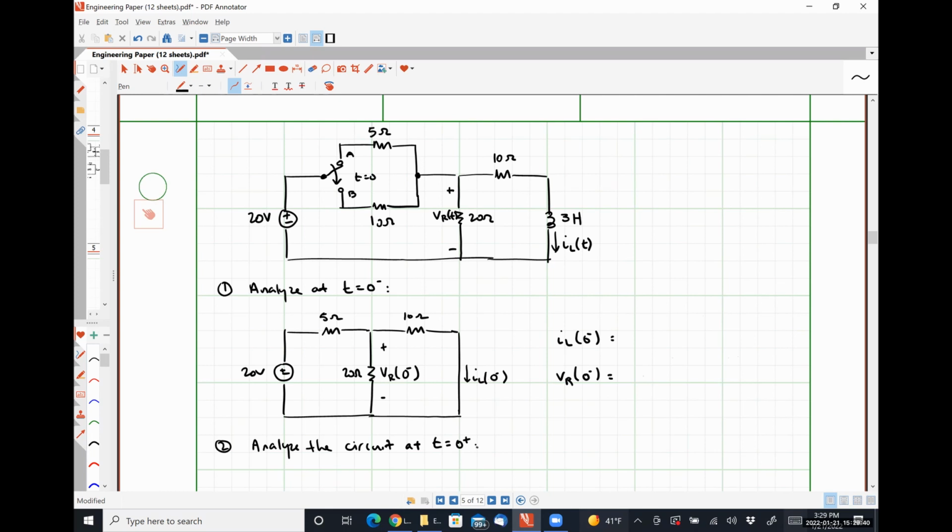Pardon? Okay, voltage division. I 100% agree with that assessment. Joel, do you remember how to do voltage division? Okay, so we could do mesh and get IL first and then use that to get VR. Okay, let's do that.